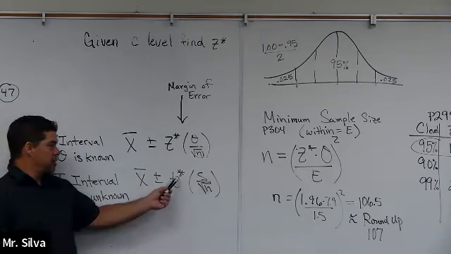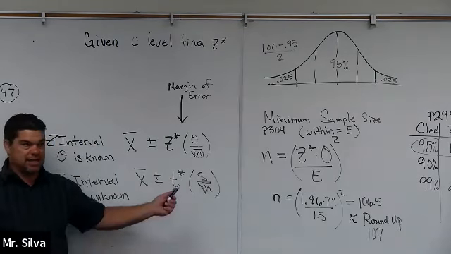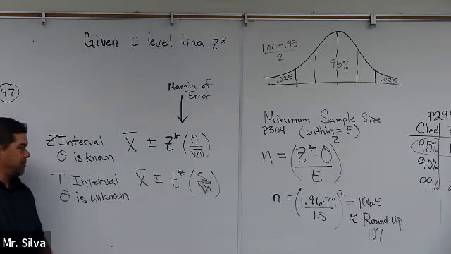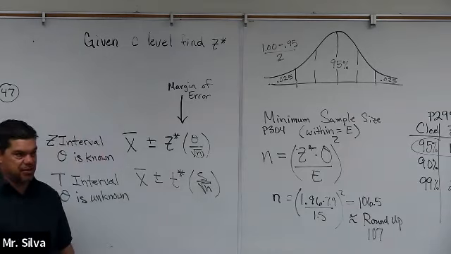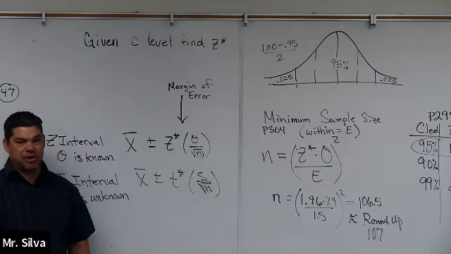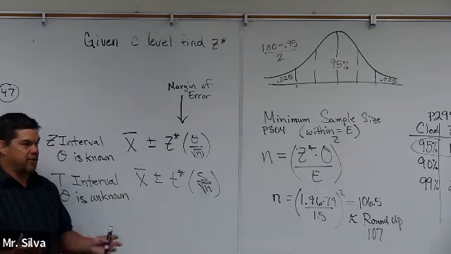So we got this new T star value. This T star is based on your sample size. So we're going to spend some time trying to figure out this T star value before we get into an actual problem.